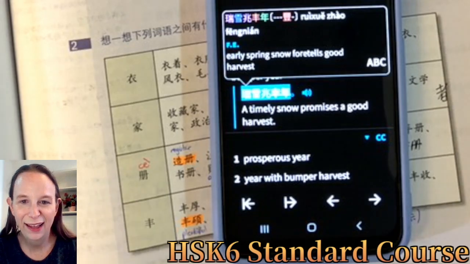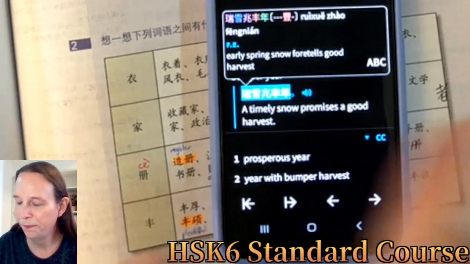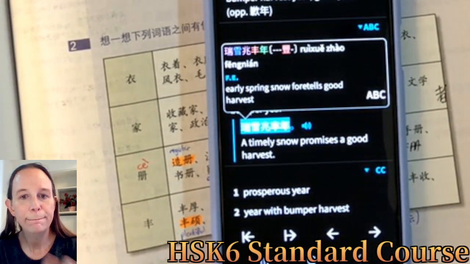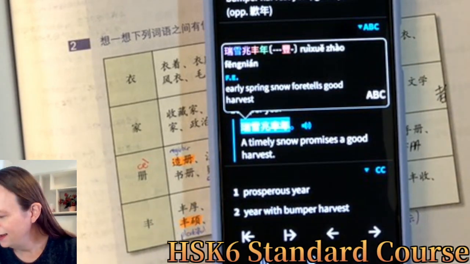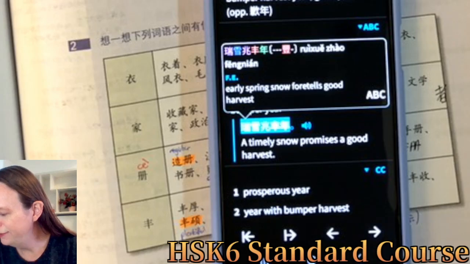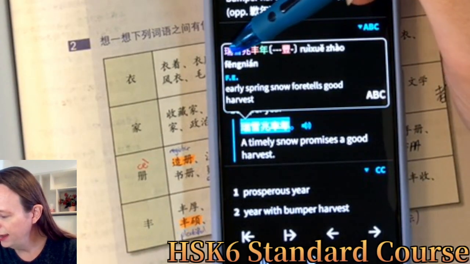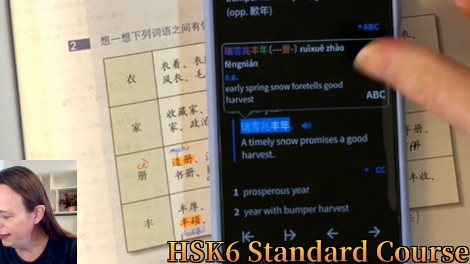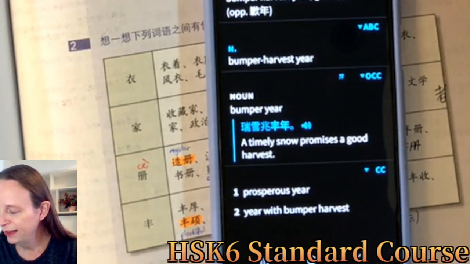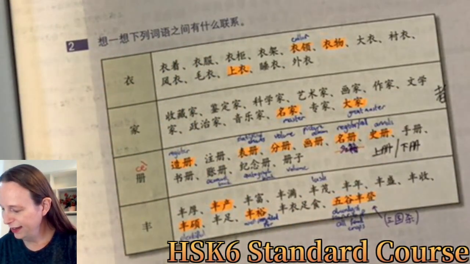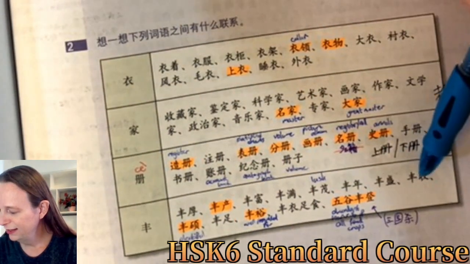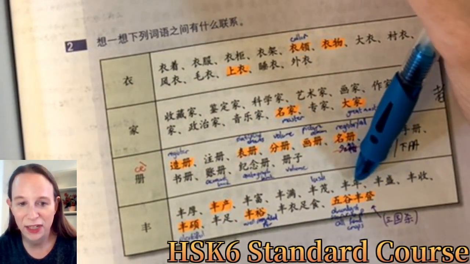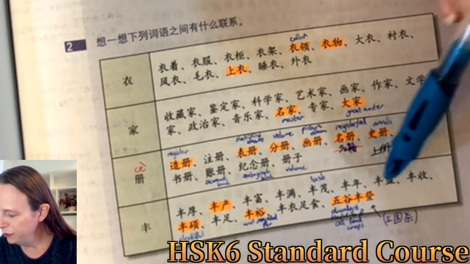So 瑞 here means what? I don't know. 学照 meaning forecast. 丰年. Okay. Anyway, 丰年, bumper year. So it implies the crops that year are especially good. 丰盛.